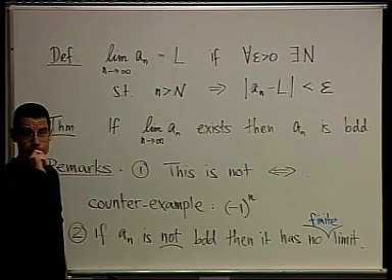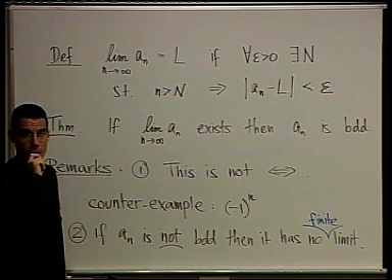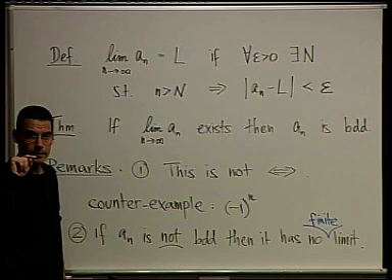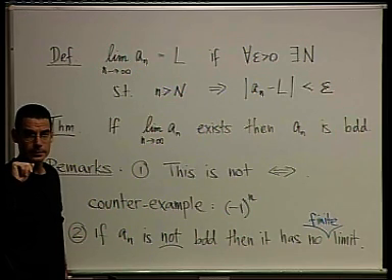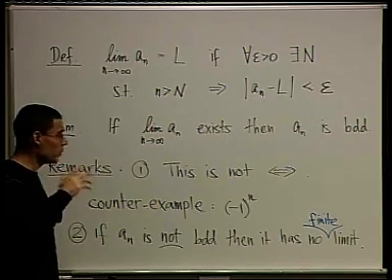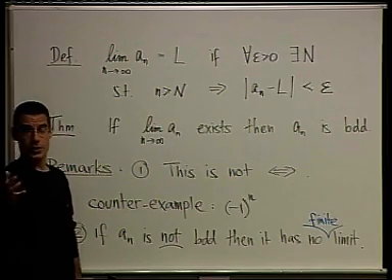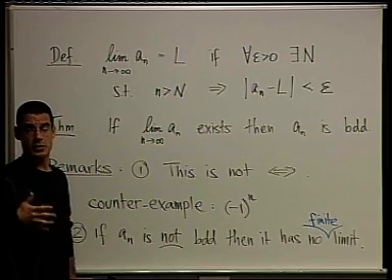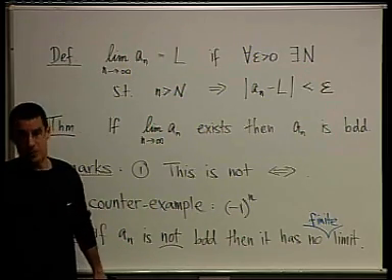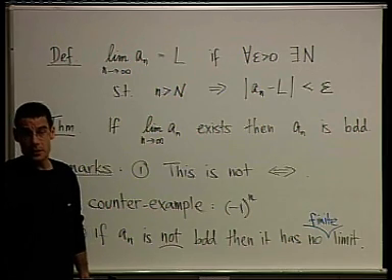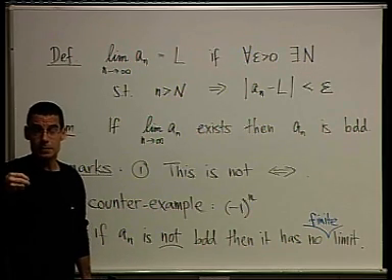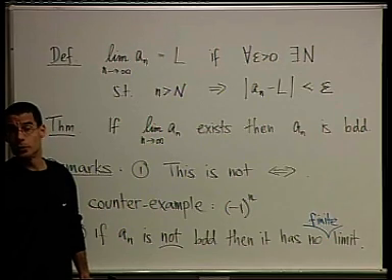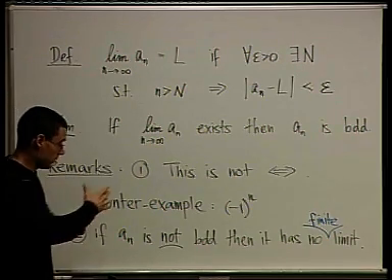Yes? Let's say, for example, 1 over n minus 1 equals an. Okay. So when n equals 1, that doesn't exist. Right. So if you want to give a sequence, okay, that's not directly related to any of this, but if you want to give a sequence 1 over n minus 1, then that can be defined only for n being greater than or equal to 2. And that's fine.